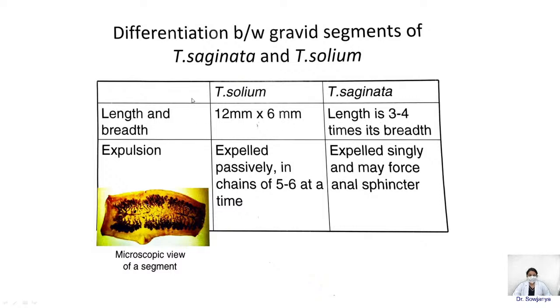In solium, the length and breadth of the gravid segment is around 12 mm by 6 mm, but in saginata, it is longer. The length is 3 to 4 times its breadth. And also by the way of expulsion, as said earlier, in solium they are expelled passively in chains of 5 to 6 at a time, and in saginata, they are expelled singly and may force the anal sphincter. As seen in this diagram, this is the internal structure, a microscopic view of the gravid segment.